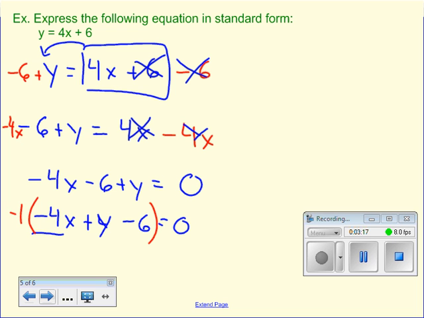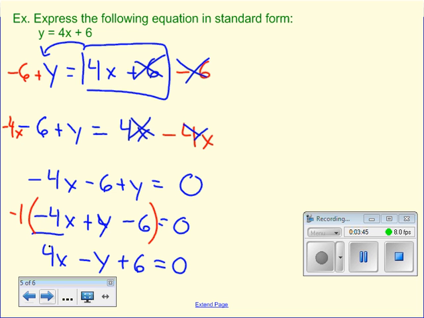Negative 1 times negative 4x gives me positive 4x. Negative 1 times positive y gives me negative y. And negative 1 times negative 6 gives me positive 6. So now I have it in my standard form, 4x minus y plus 6 equals 0.